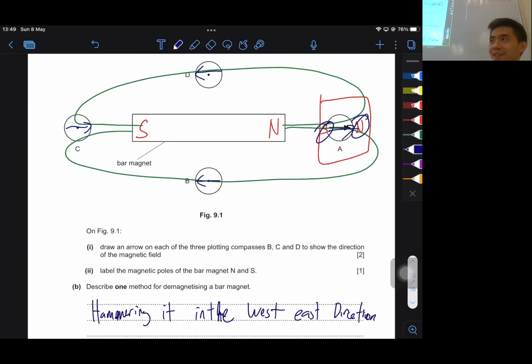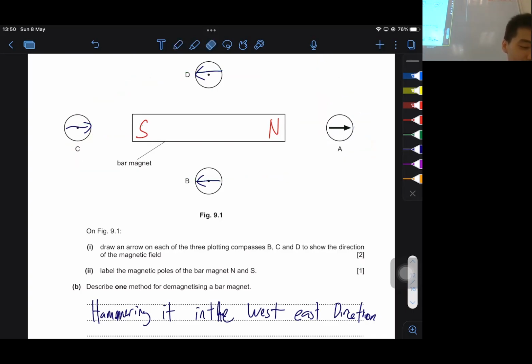It's a compass, right? Whatever it is, I don't know what it's called in Chinese. But anyways, by right, a compass is always going to point towards the north direction. The so-called north direction is actually the magnetic south of the Earth's polarity, right?